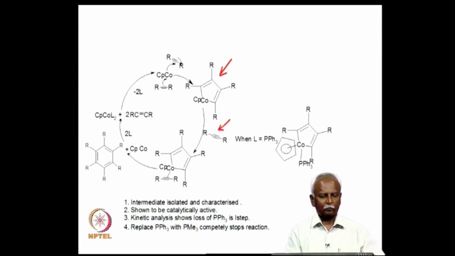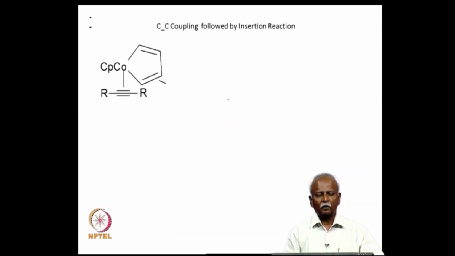Now, let us come back to this slide, but first let us take a look at what are the ways in which these 2 species can interact. Let us say you have a carbon-carbon coupling, that is what we said is the formation of the metallocyclopentadiene, followed by an insertion reaction.